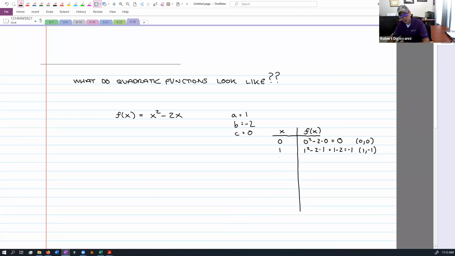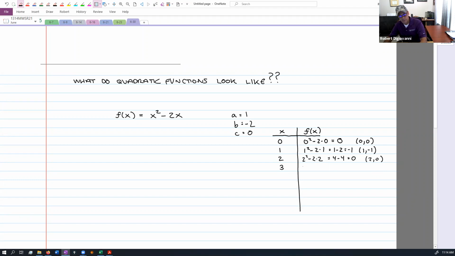What about if I plug in 2? What do I get? 2 squared minus 2 times 2. 4 minus 4, that's 0. So when I plug in 2, I get 0. Y'all all right with this? Y'all are somewhat quiet today.